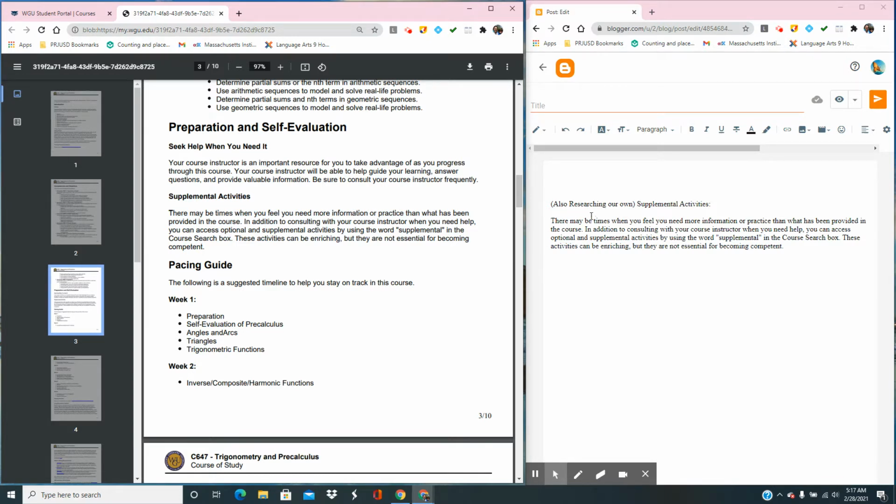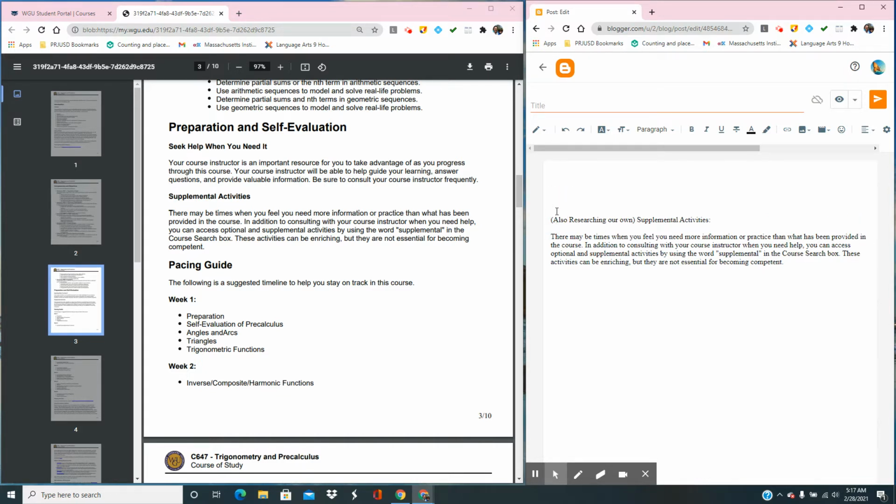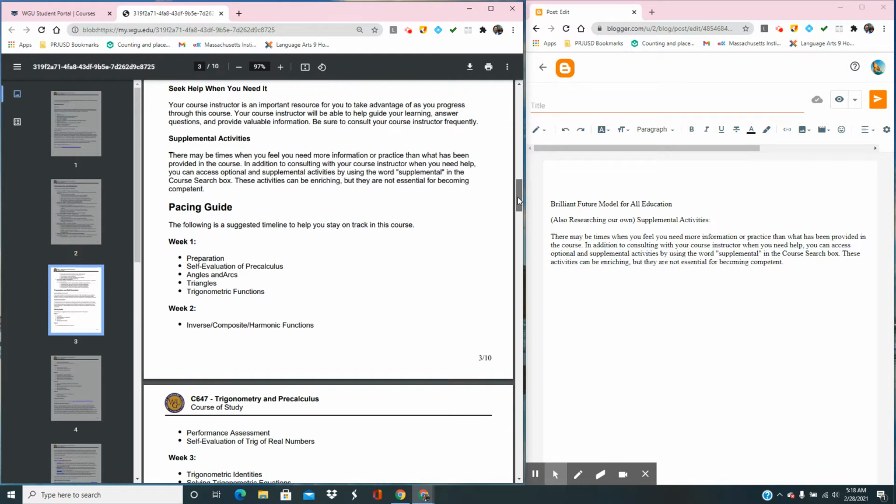But as a model for education, this is brilliant, a future model for all education, because now we cannot have education be the same before the internet and after the internet.